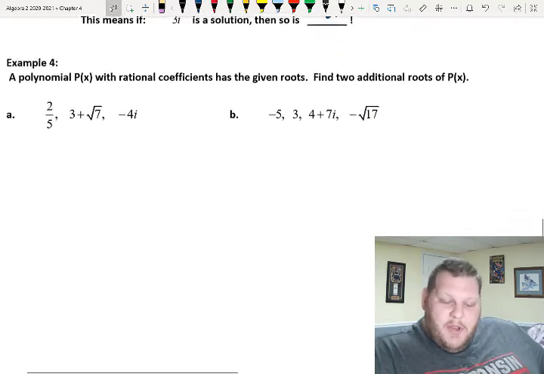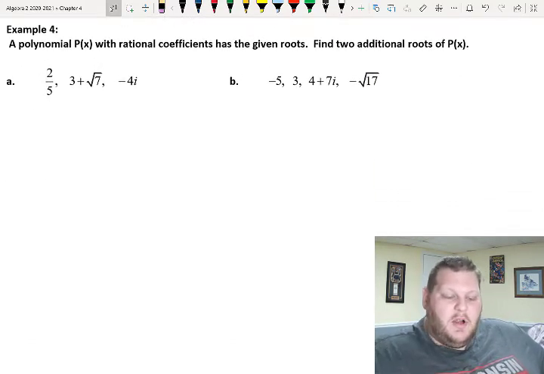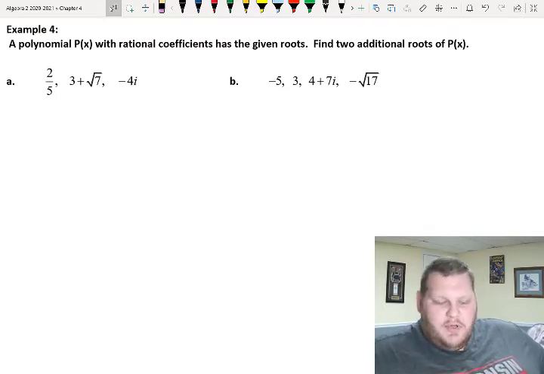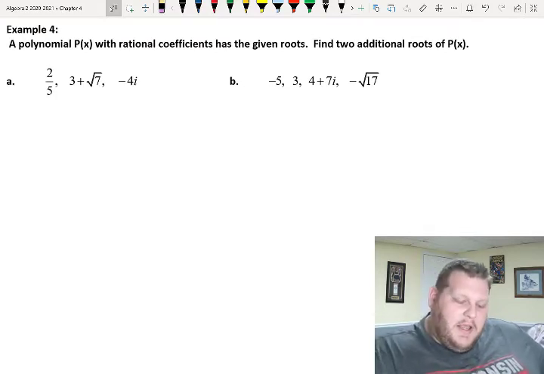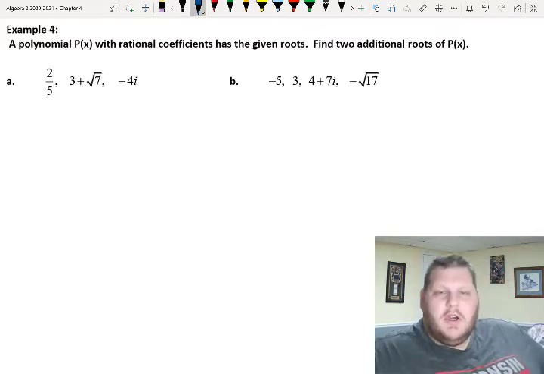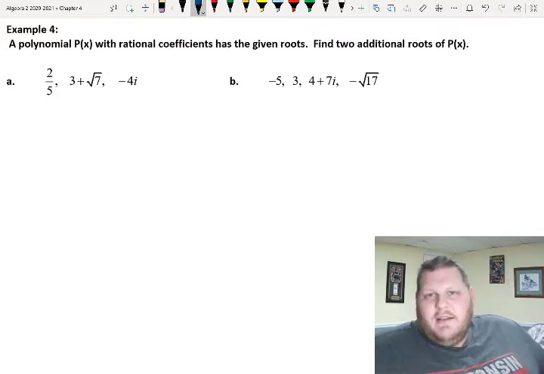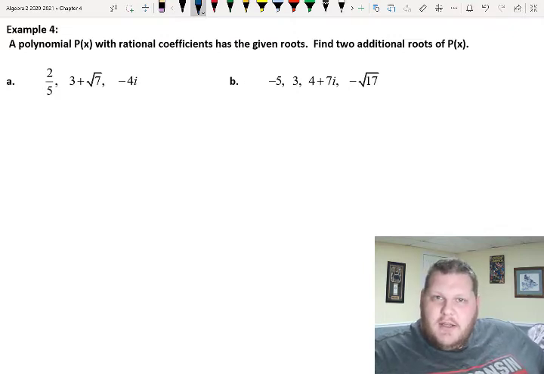So some of the problems you might be asked to do are just identifying all of the given roots. If I'm given some roots, they're asking us in this case to find 2 additional roots. So looking at part A, 2 over 5 is not complex. There's no square root to it, and there's no imaginary i to it.